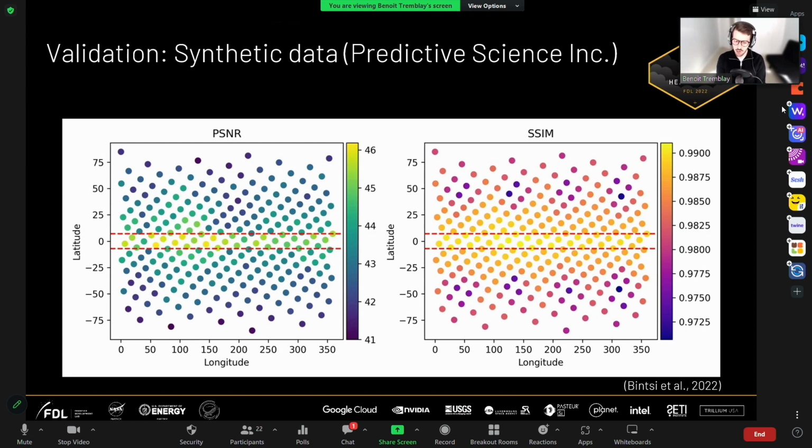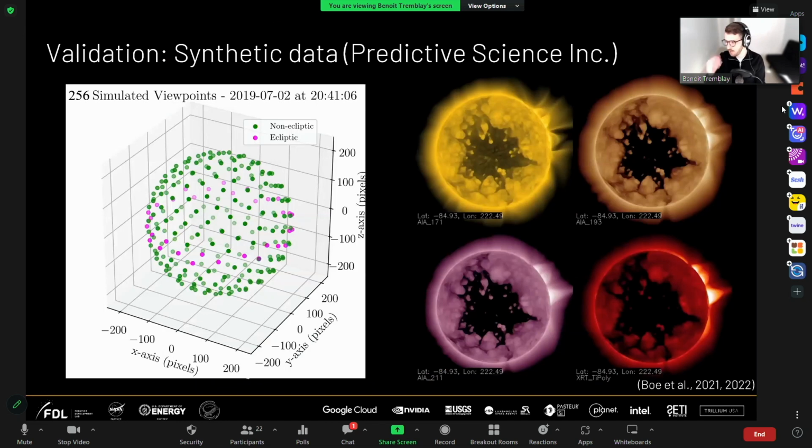This one was generated as part of an eclipse that happened a few years ago. But yeah, I would have to refer to the papers that I think I put on the slide here to learn more about the details for this one. It is just a case of, we don't have non-ecliptic viewpoints that we could use for validation, so let's use a simulation where that's available.